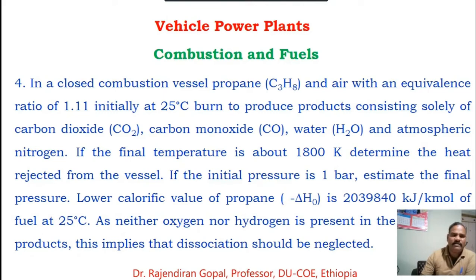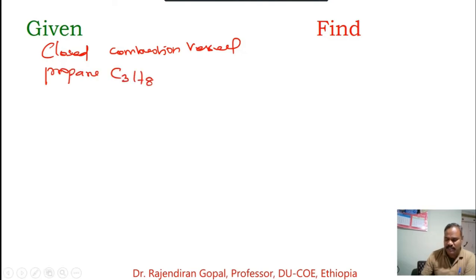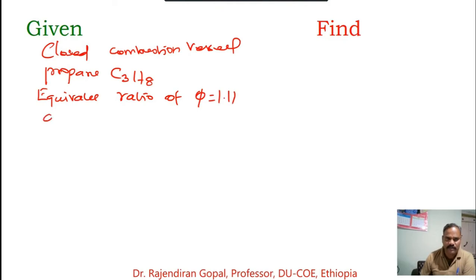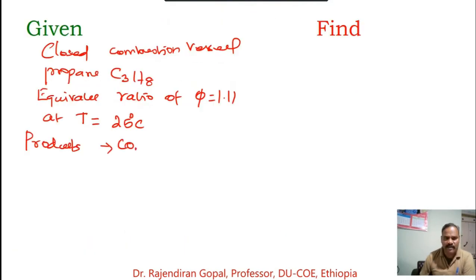First, we have to write the given closed combustion: the fuel is propane, C3H8, with an equivalence ratio of 1.11 at a temperature of 25 degrees centigrade. The products consist solely of carbon dioxide, carbon monoxide, water and atmospheric nitrogen.